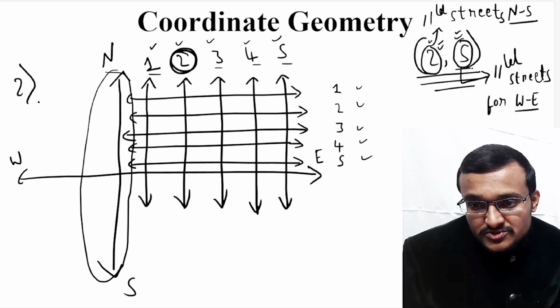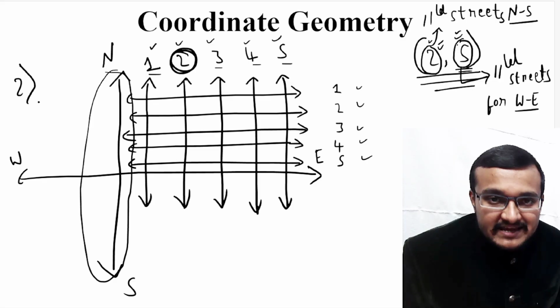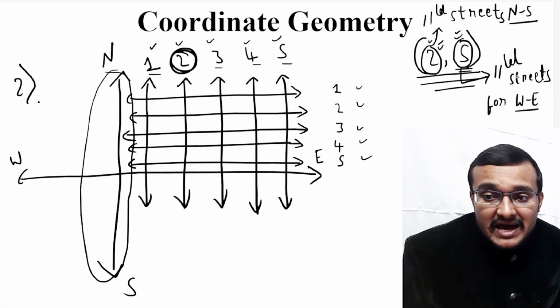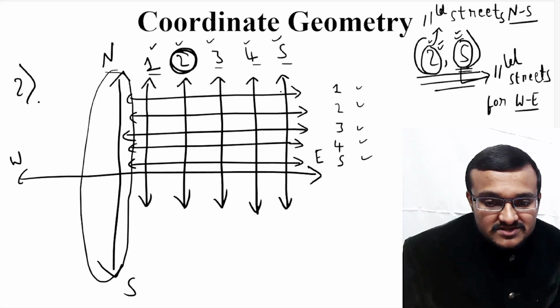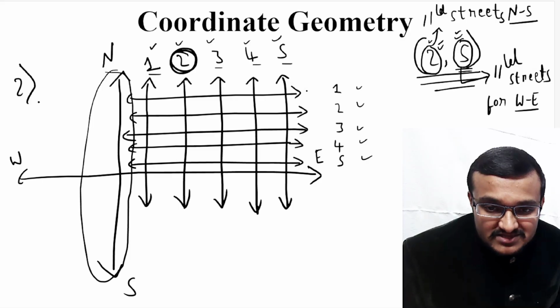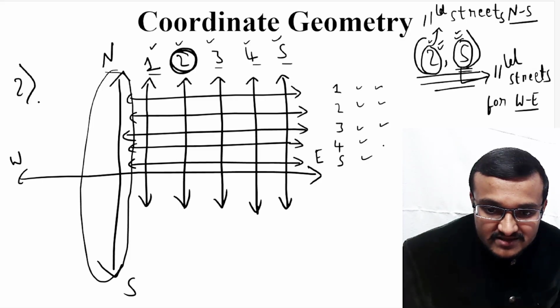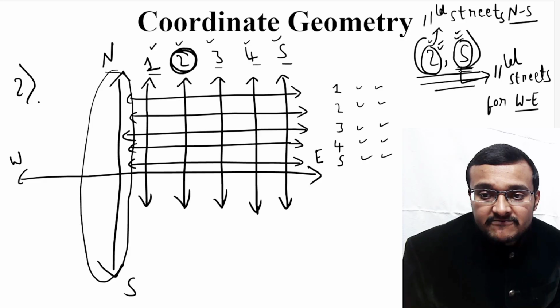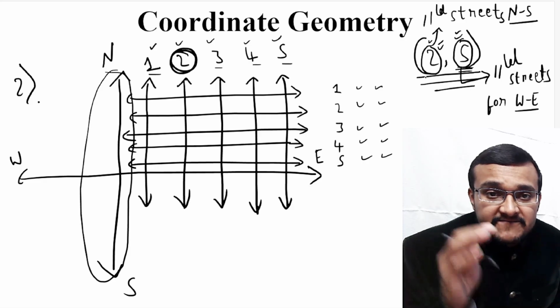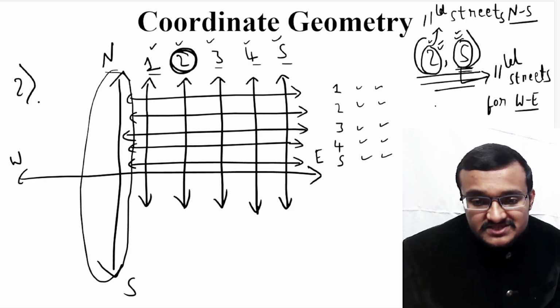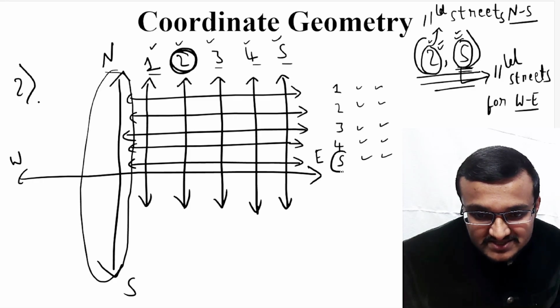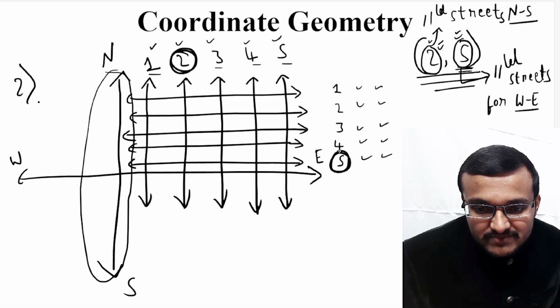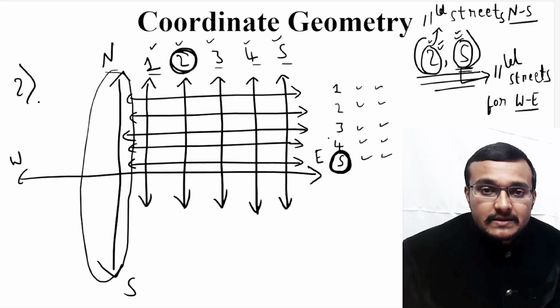Now in the second position in the bracket you have 5. This is the parallel street for the west to east main road. So these roads are all parallel to the west to east main road. Here you have 5, meaning the fifth street. So which is the fifth one here? This is the fifth road which is parallel to the west to east main road.